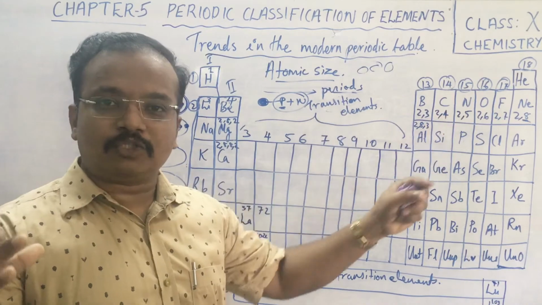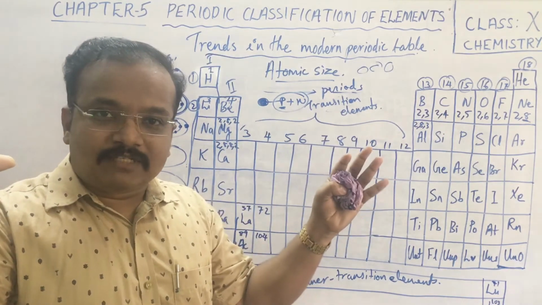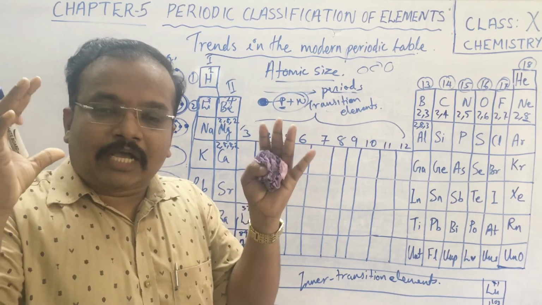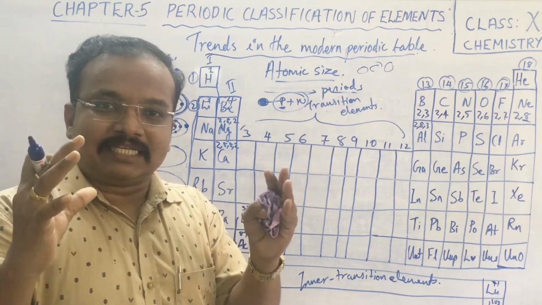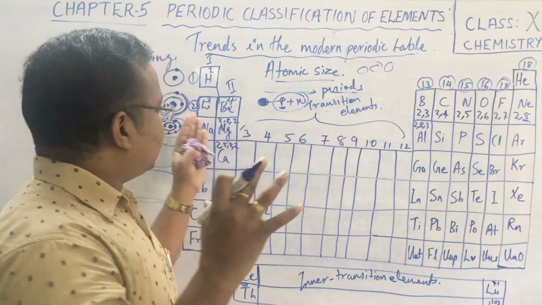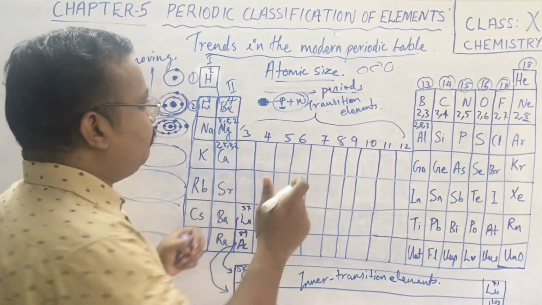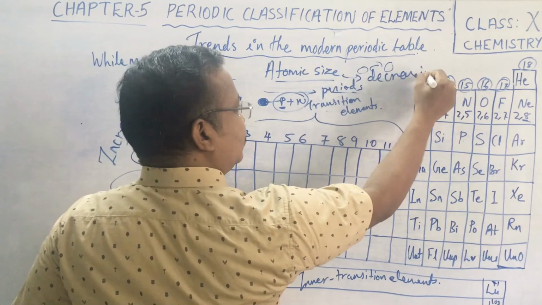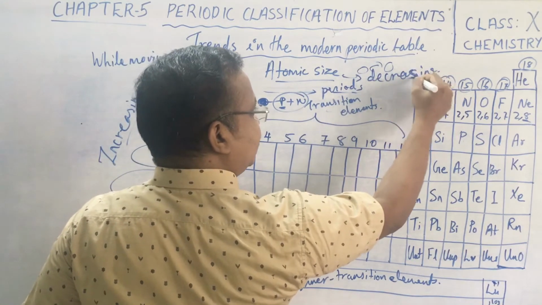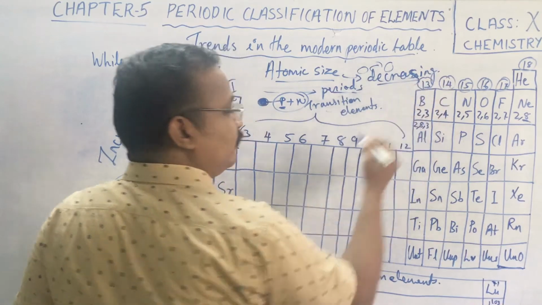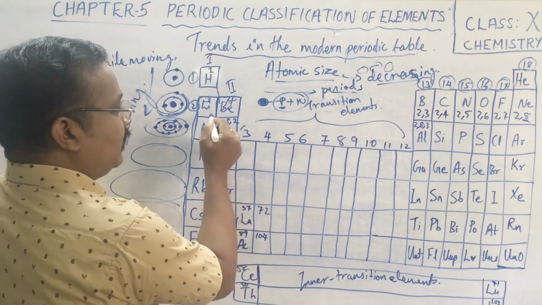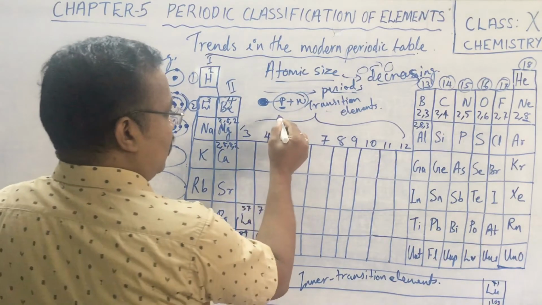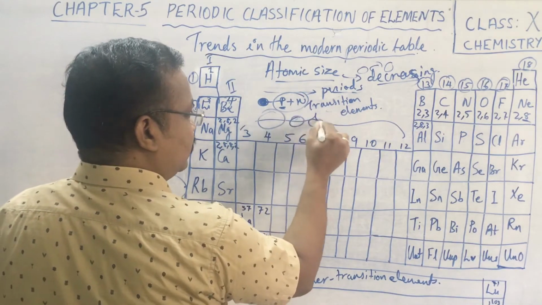Because of that, this positive charge will attract the electrons closer to the atom's middle. Due to that, the size of the atom keeps on decreasing when moving in a period.